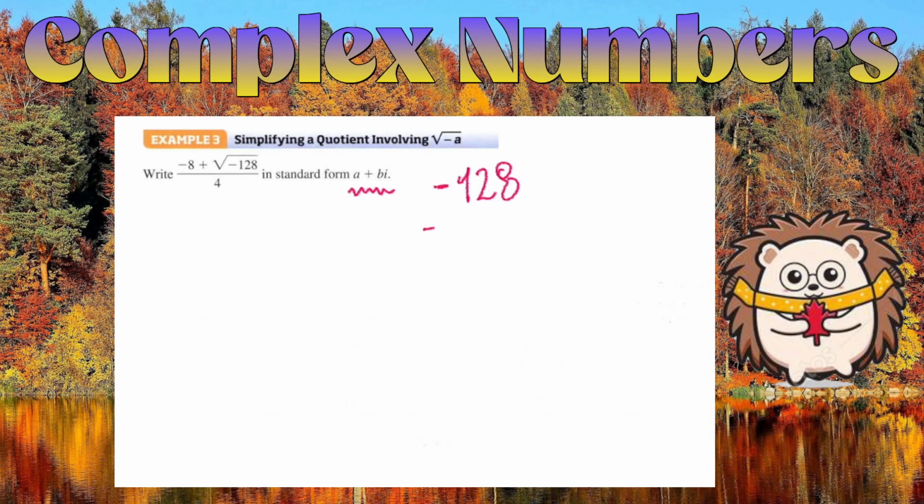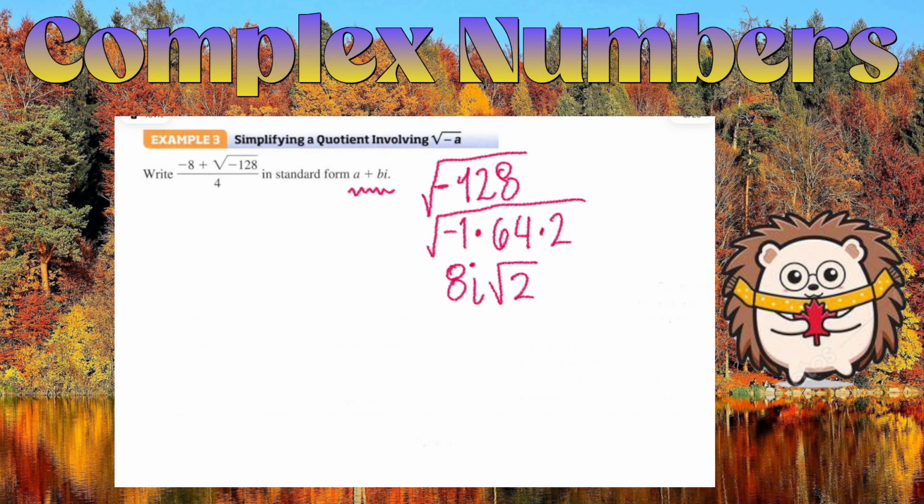Okay, so that means I will have the -1, 64, and 2 inside. So 8i comes out, 2 stays in. Comprende? So we have -8 plus 8i square root 2 all over 4.